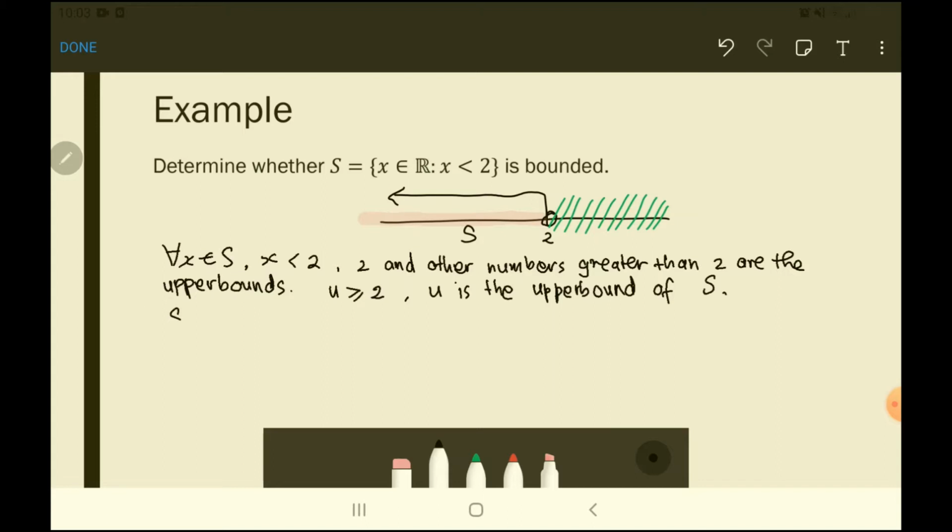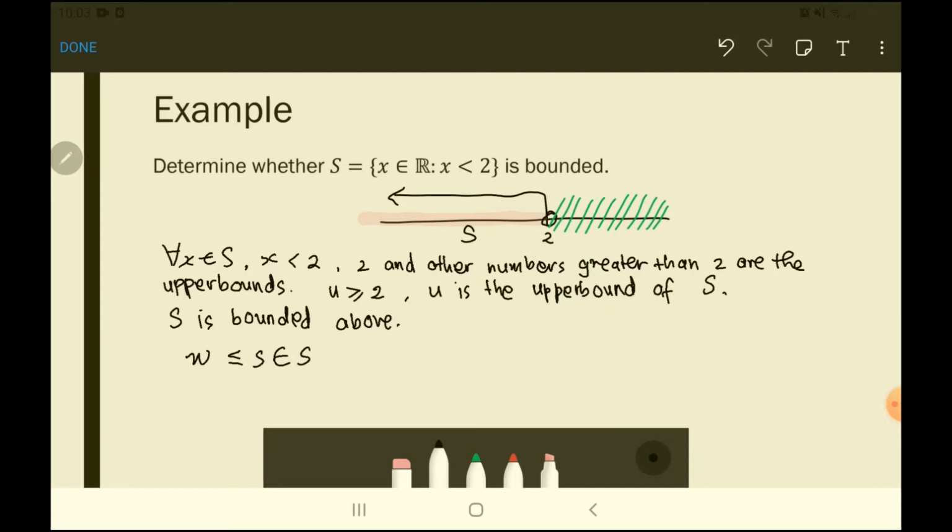So S is bounded above because it has an upper bound. But now let's see the lower bound. To find a lower bound, we need a value w that is less than or equal to every element of S. This is what we need.